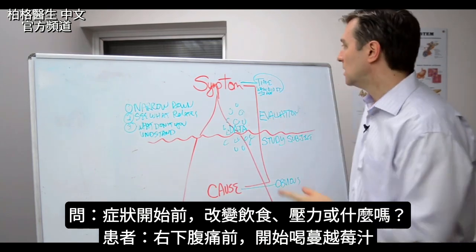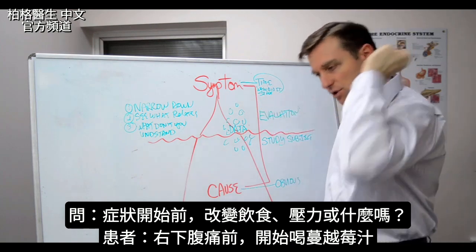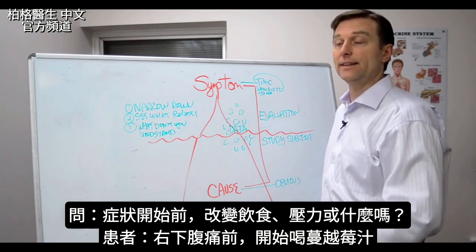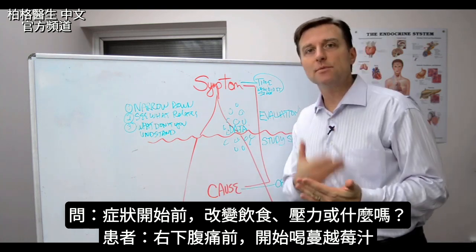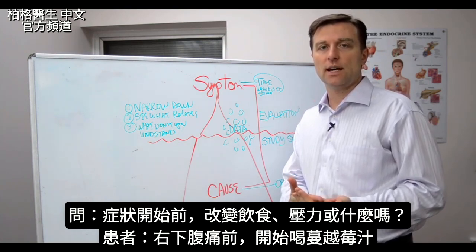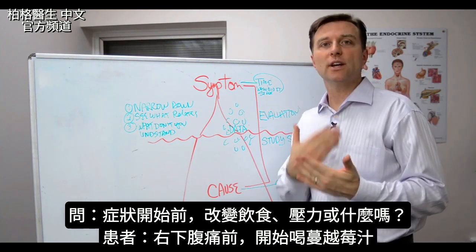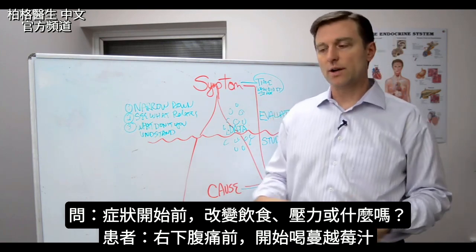So what happened? When did it start happening, and what happened just before? What change occurred with diet, stress? What did you do? She says, I started drinking cranberry juice when this pain started, in the lower quadrant.